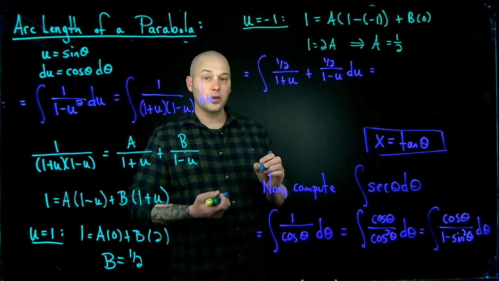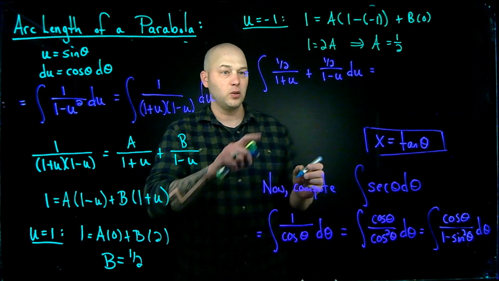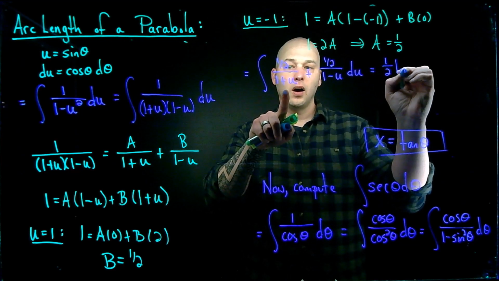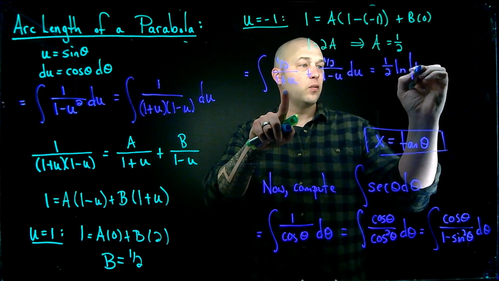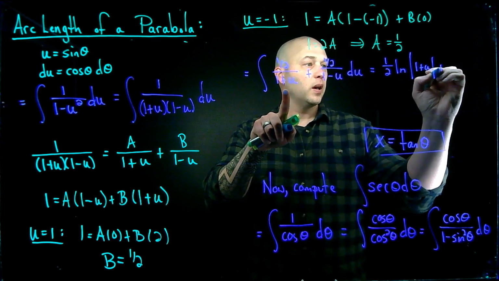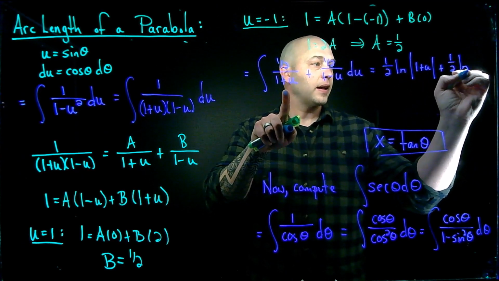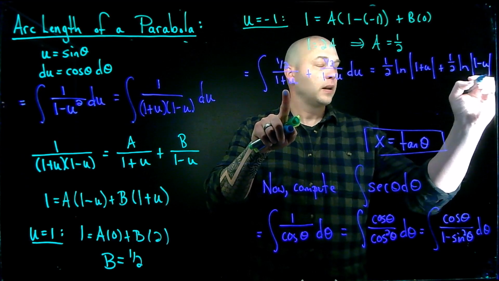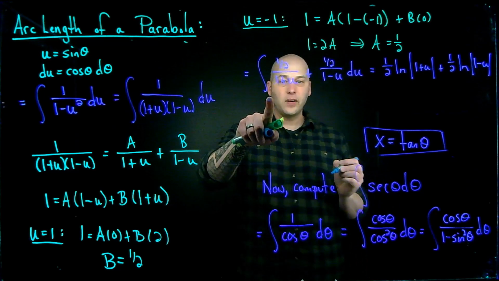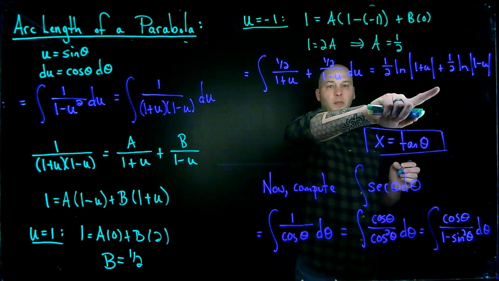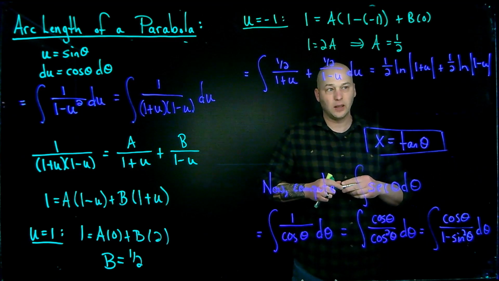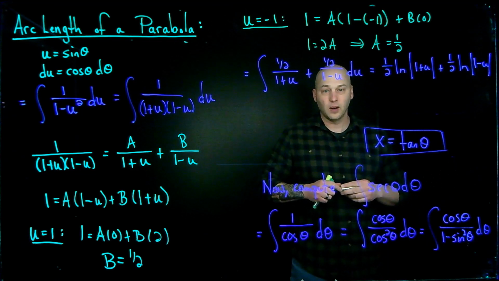In each of those terms, we can find an antiderivative. These would each be natural logs. So I have 1/2 natural log of the absolute value of 1 plus u plus 1/2 natural log of the absolute value of 1 minus u. Now the way I have it written here is an indefinite integral, so I'm going to leave off the plus C because I know I'm going to turn this into a definite integral in the end, if we ever get there.